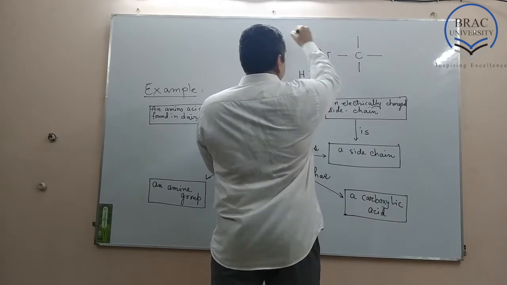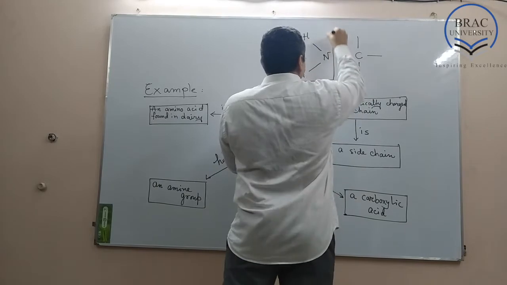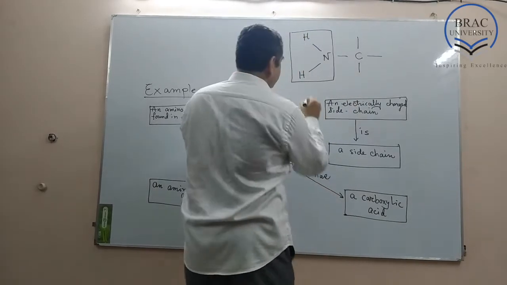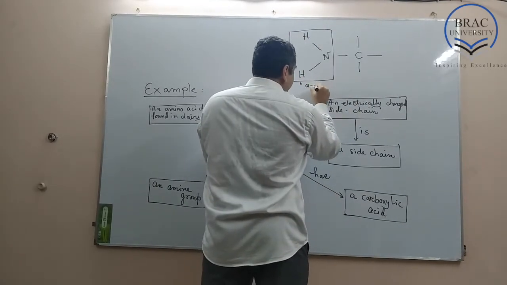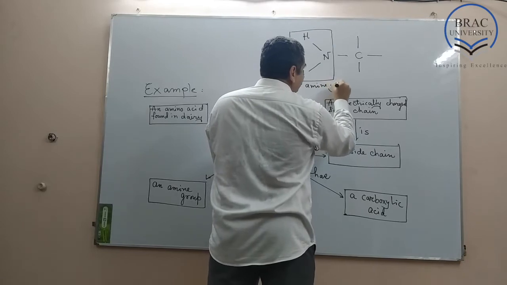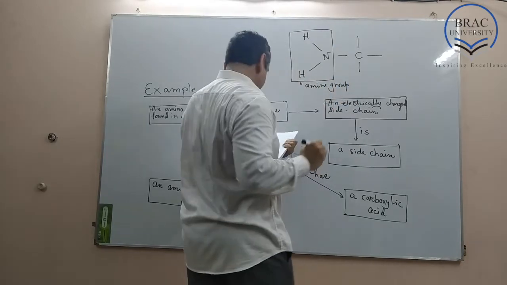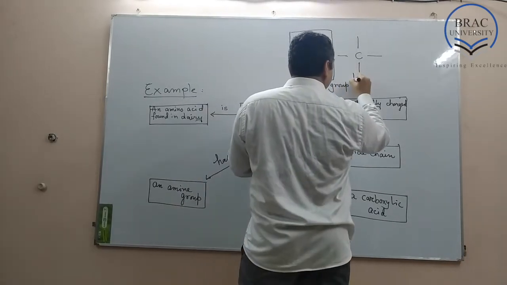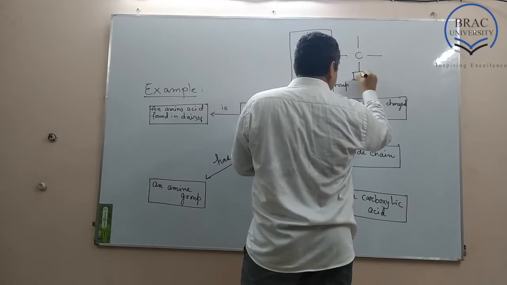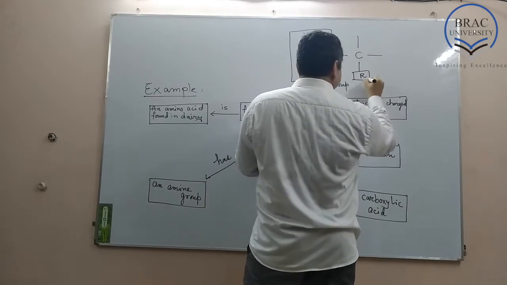So this is called the amine group. And down here there is something we call side chain.